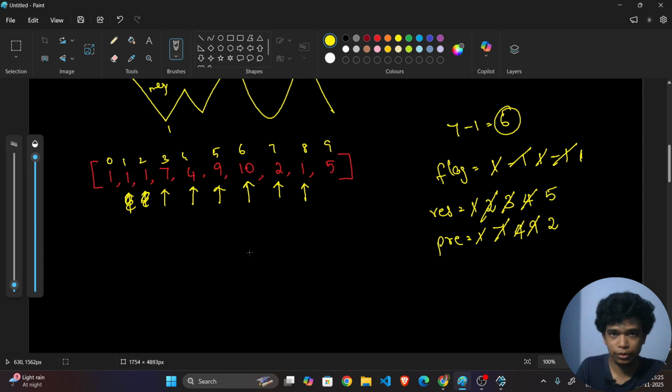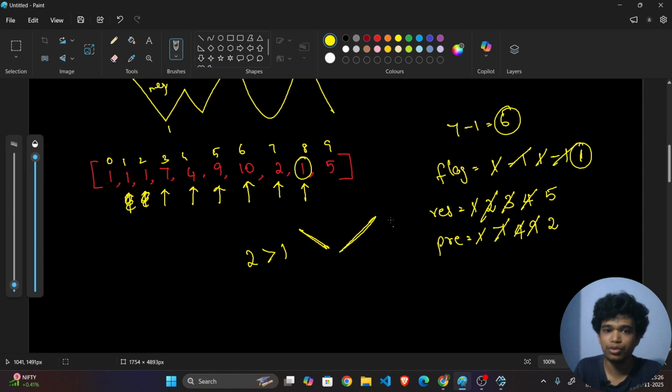Now again it is 1. So now it is 2. 2 is greater than 1, which means we could take this 1 and go with the decreasing curve, but the flag 1 represents what? We need an increasing curve. So we cannot take this 1. So go to the next thing. So 5.